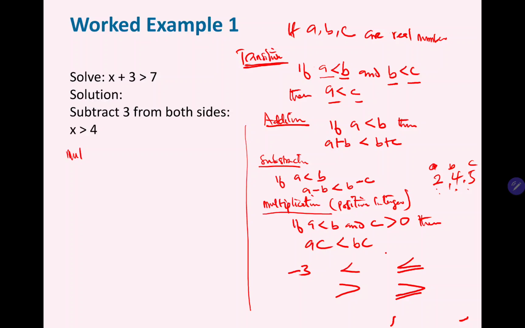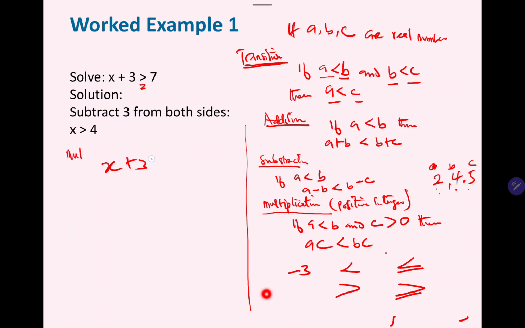So with the knowledge of all this, we can then attempt all our worked examples, and this is all inequality is talking about. Worked example 1 here, we have x plus 3 is greater than 7. Like we said, you attempt inequalities like equations. The only difference is if you are dividing or multiplying by a negative number.